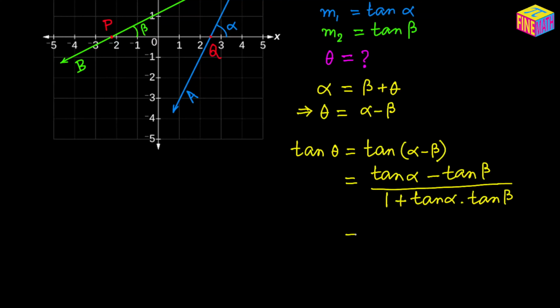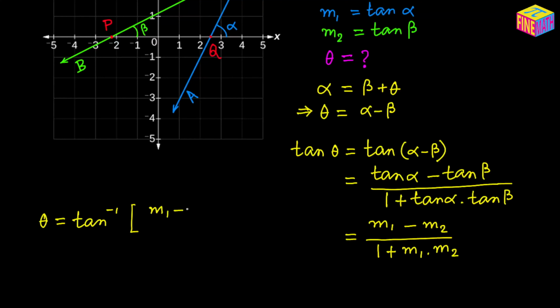Tangent of alpha is equal to m sub 1, so I am using m sub 1 in place of tangent of alpha, and then minus, for tangent of beta let's use m sub 2, divided by 1 plus again m sub 1 times m sub 2. So from here can we say that theta is equal to tan inverse of m sub 1 minus m sub 2 over 1 plus m sub 1 times m sub 2.